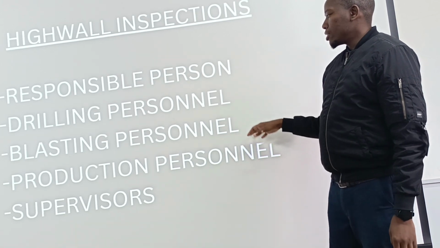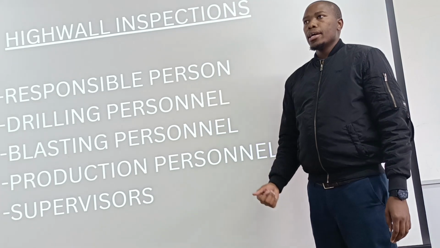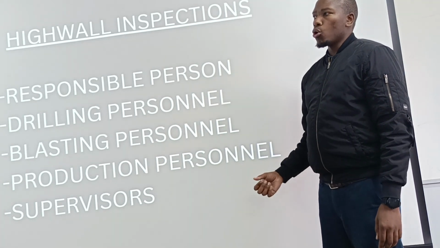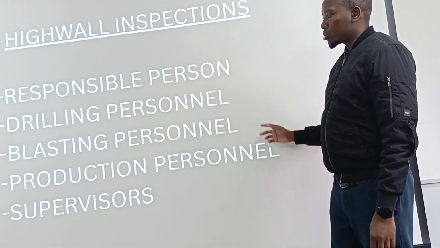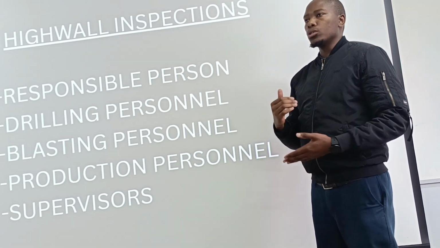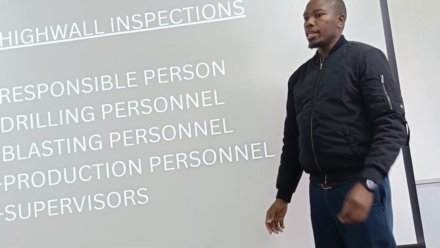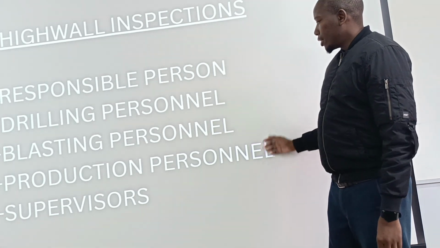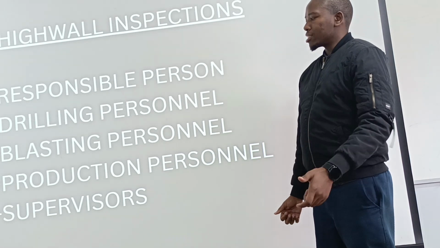Then under the blasting one, there's blasting personnel, which is the blaster himself or the person that will be carrying an appointment under the blasting team. The blaster will do the safety declaration, then check everything. If it's on point, then they can proceed with their work. Then under production, there's a supervisor, then there's also the safety team.